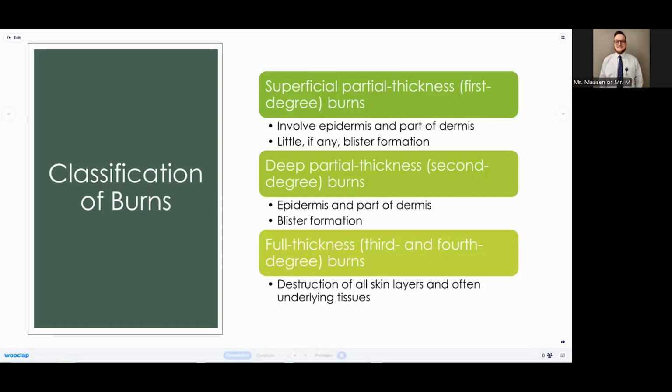The unique thing for full thickness burns is they initially may not be painful, just because all nerve endings for sensation and pain receptors have been completely destroyed. But of course, as it tries to heal, there's going to be pain as those nerves try to regrow.